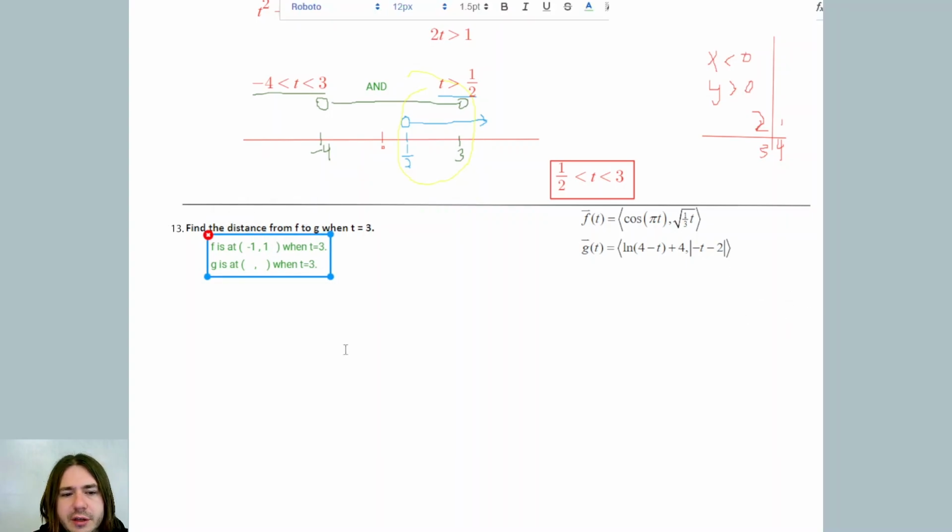And then for g, we'll do the same thing. We're going to plug in 3. Right here, 4 minus 3 is 1. And the natural log of 1 is 0, and 0 plus 4 is just 4. For the y coordinate, we've got the absolute value of -t minus 2.